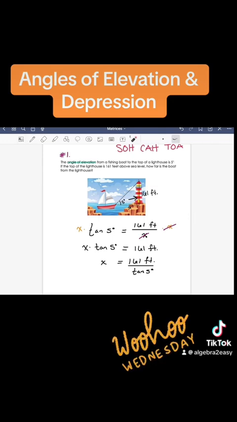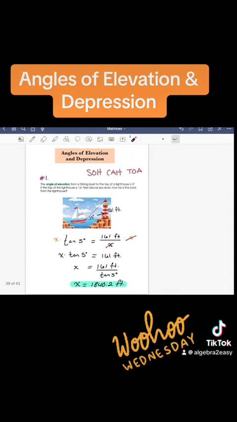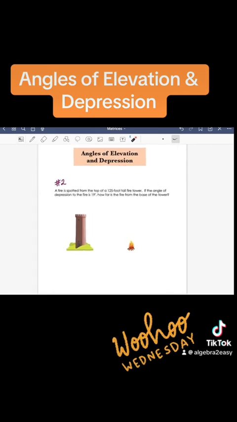And you know it should be in degree mode because there's a degree symbol. All right, we type that in our calculator, and x is going to be equal to 1,840.2 feet. So that is the distance the boat is from the lighthouse. 1,840.2 feet away.